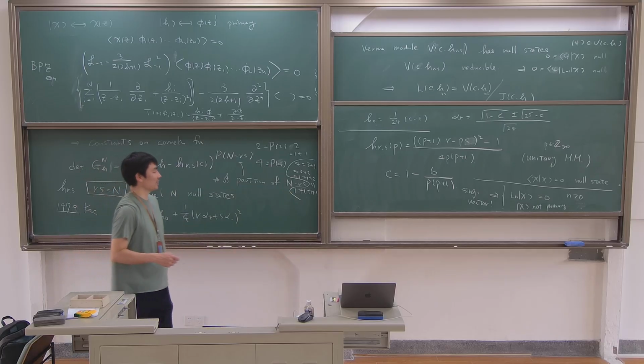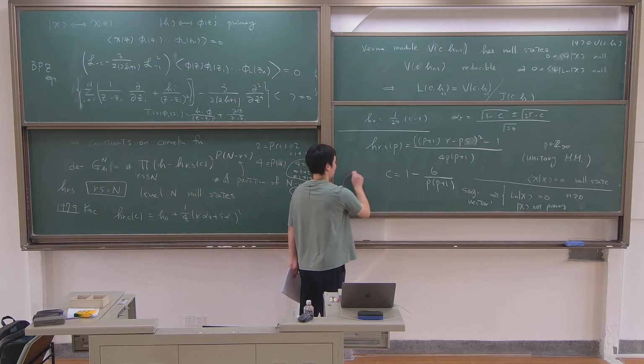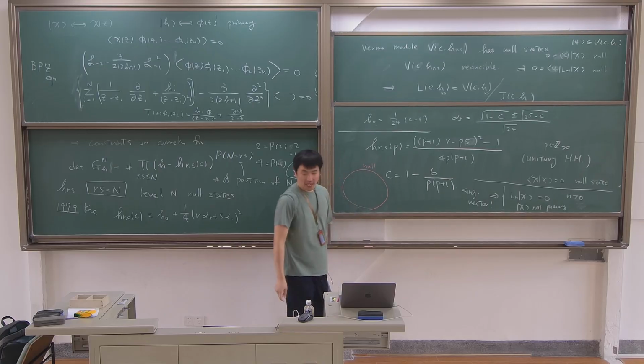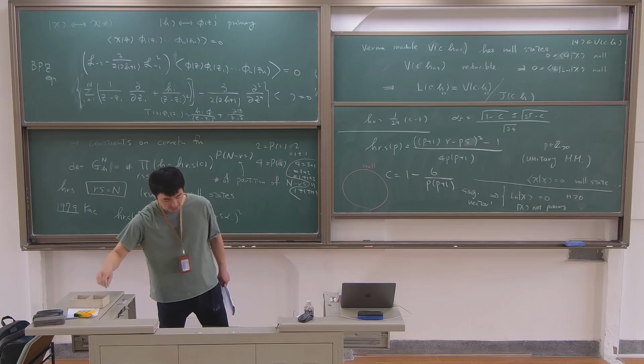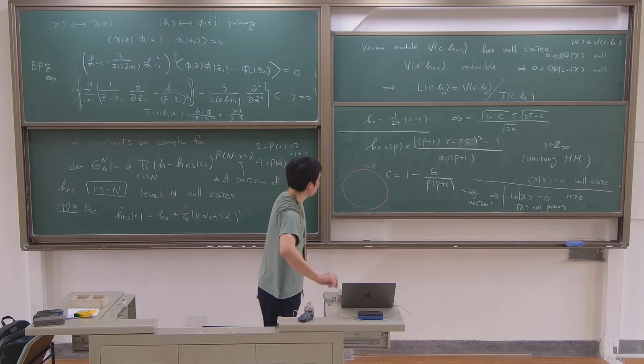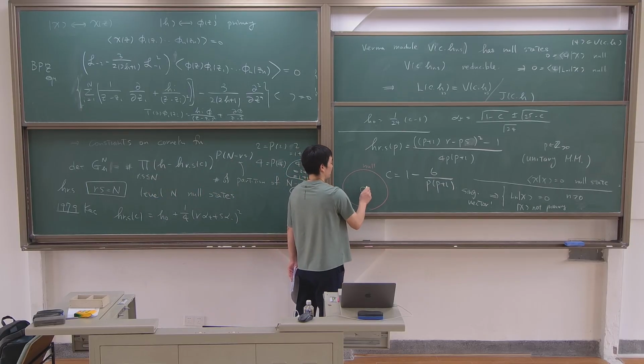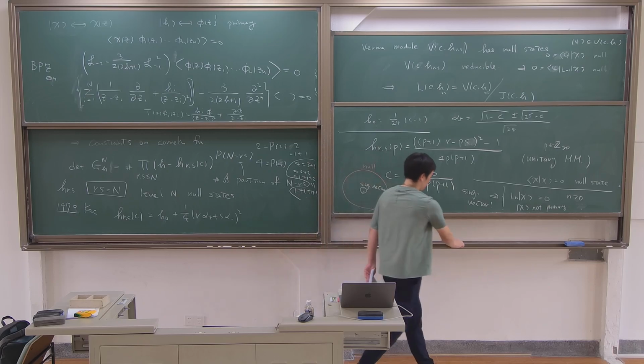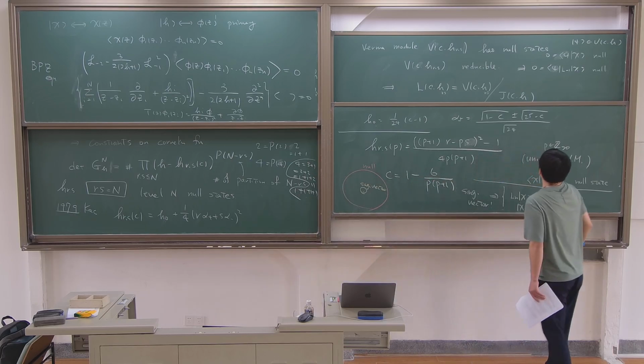What's important is the null state. Inside the null states there are very tiny pieces, and the tiniest piece is the singular vector.